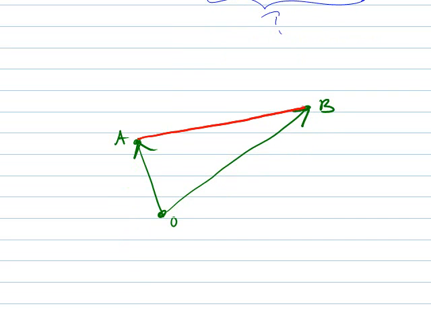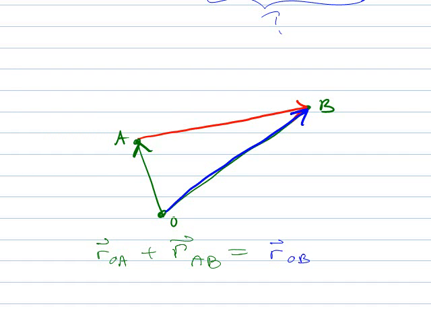If you can't remember the formula, there's a way to figure it out. From here I can clearly say that R from O to A plus R from A to B, if I put them tip to tail, the resultant is most clearly R from O to B.